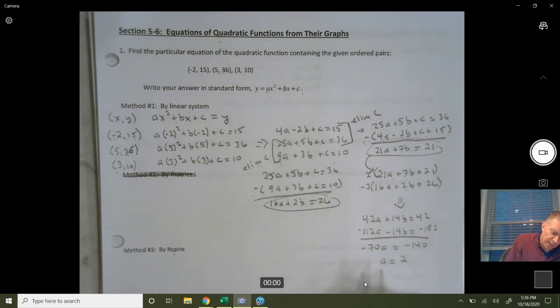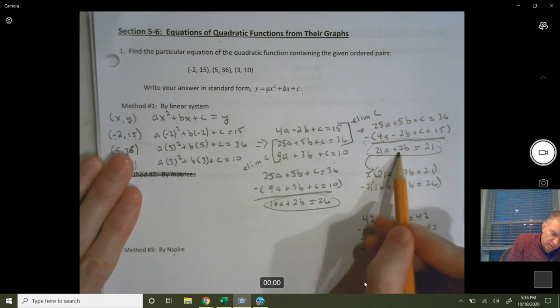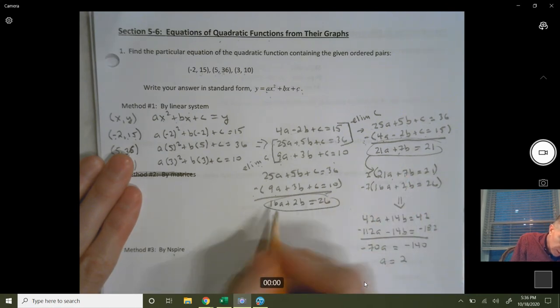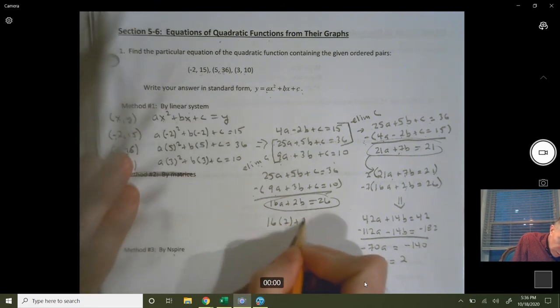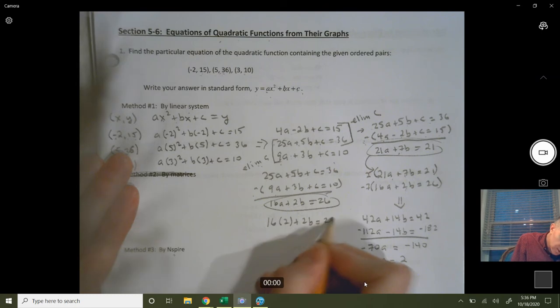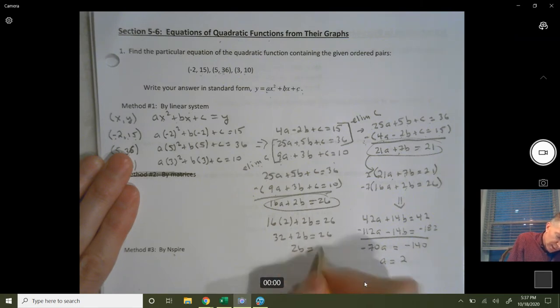Okay, let's plug that a back into either of these two equations. I'll just plug it in here. 16 times 2 plus 2b equals 26. 32 plus 2b equals 26. 2b equals, subtract 32, I get negative 6, so b equals negative 3.